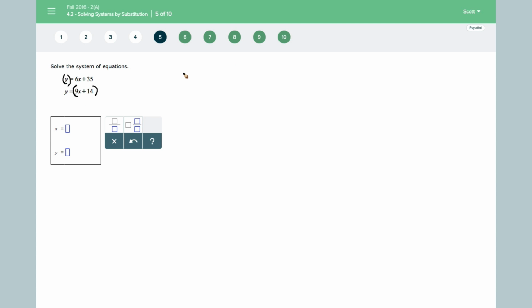And when they're both the same, you're basically just writing them equal to each other, giving us 9x plus 14 inside the parentheses equals, so that's where my y was, and what does that equal? 6x plus 35. So all I did was take this, plug it in for y, and then I took the rest of it and plugged it in, or just wrote it right after. So I just replaced y.